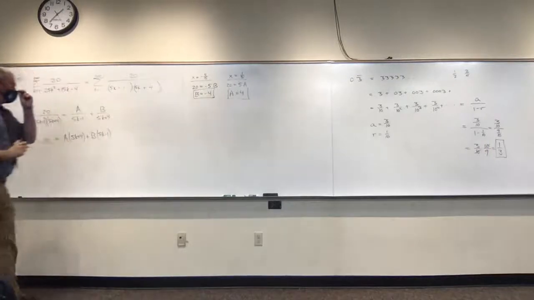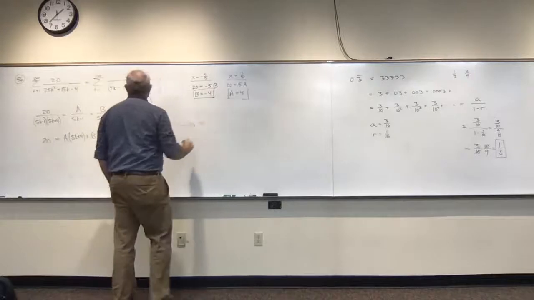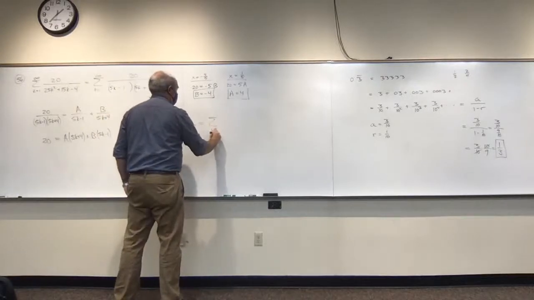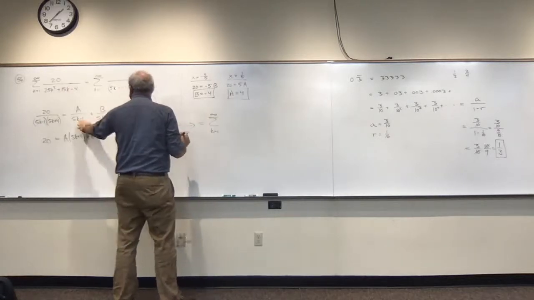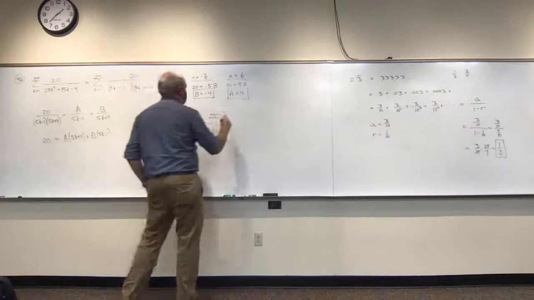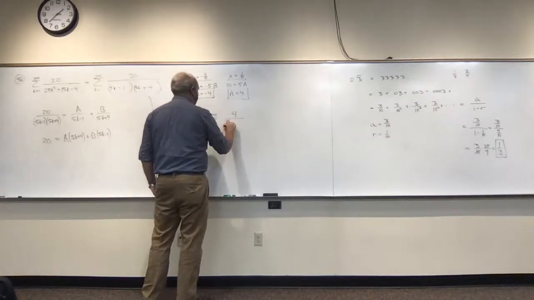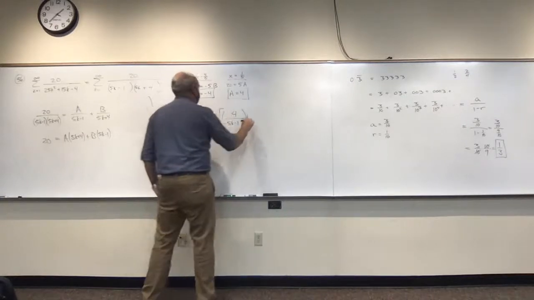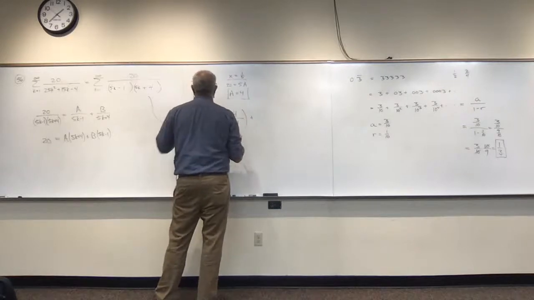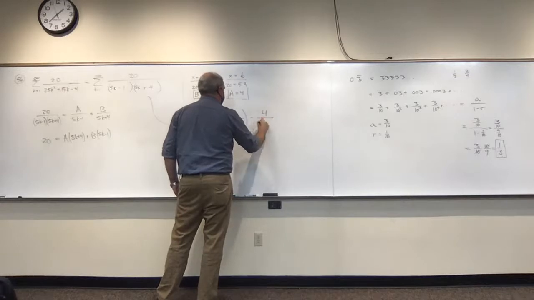Okay, so now I can rewrite this summation. Let's just go right here. This is equal to the sum, k going from 1 to infinity of a over 5k minus 1, a is 4, so I get 4 over 5k minus 1, plus b, which is minus 4, so it's minus 4 over 5k plus 4.